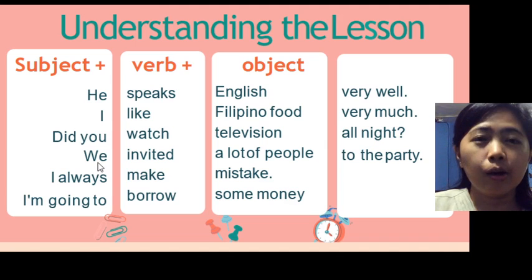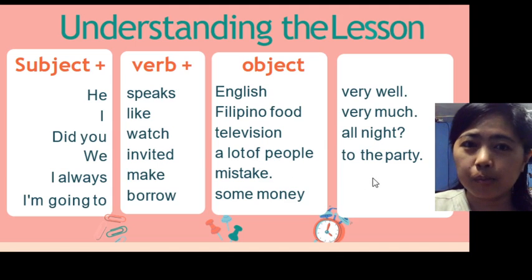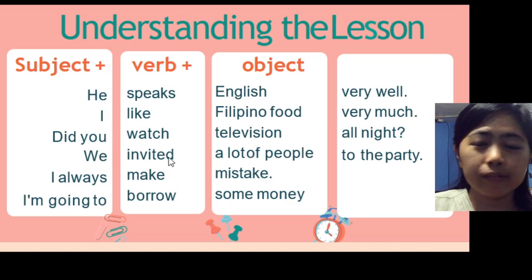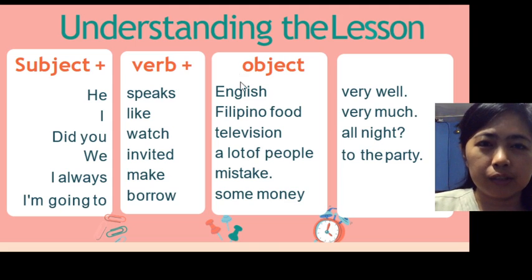Next sentence: we invited a lot of people to the party. We, subject; invited, verb; a lot of people to the party. What did we invite? A lot of people. So here the object answers the question about your verb. That is the function of the object here.